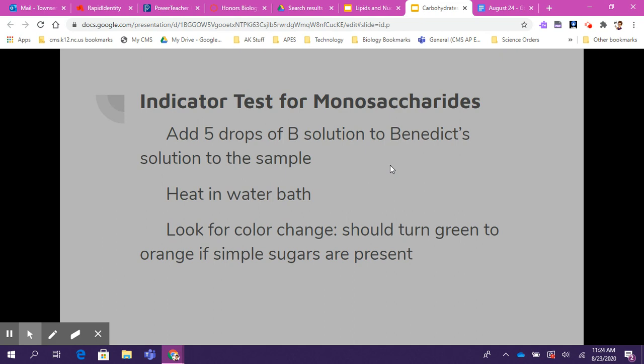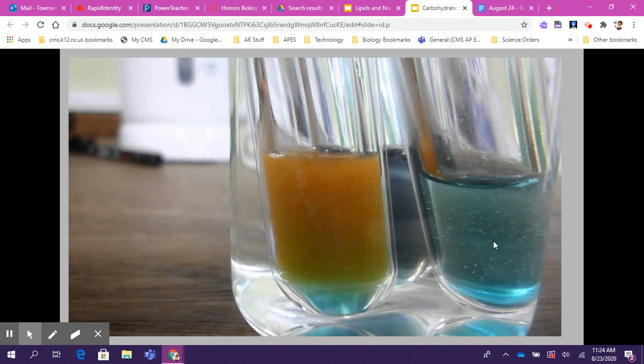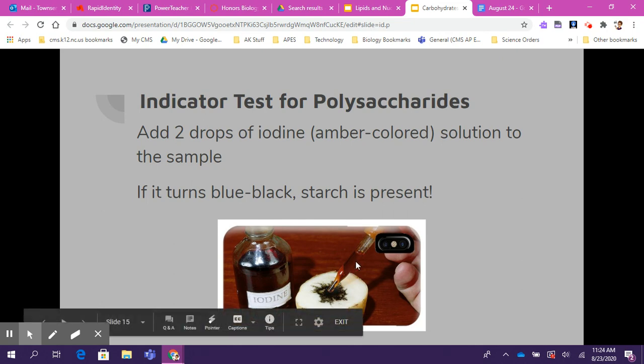But so we're going to demonstrate the presence of monosaccharides by adding Benedict's solution. So here's what Benedict's solution looks like when it's in a substance that we want to test for the presence of monosaccharides. This test is negative. This test is positive. And like I said, I'll be showing you that in just a minute. If we want to test for the presence of starch, you can see here in this diagram that the starch is sort of an amber golden brown color.